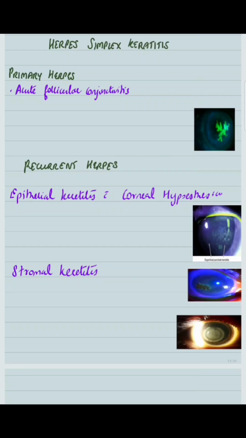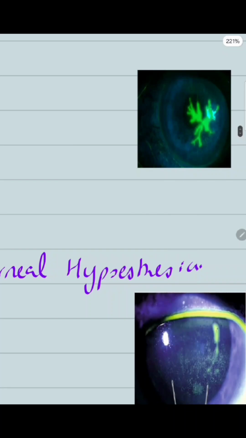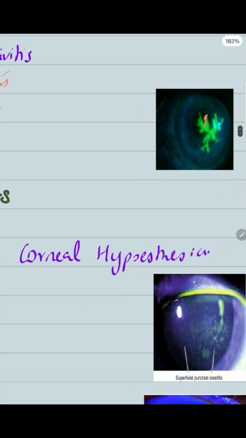In primary, there is acute follicular conjunctivitis, fine epithelial punctate keratitis, coarse epithelial punctate keratitis, or a dendritic ulcer with terminal knobs. If a dendritic ulcer without terminal knobs is seen, then it is usually herpes zoster. In herpes simplex, these terminal knobs will be seen.